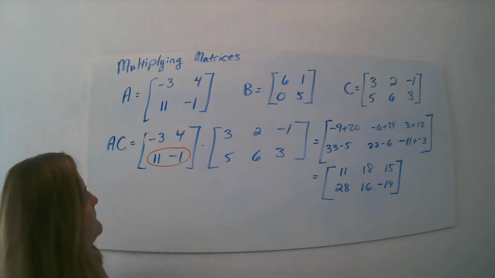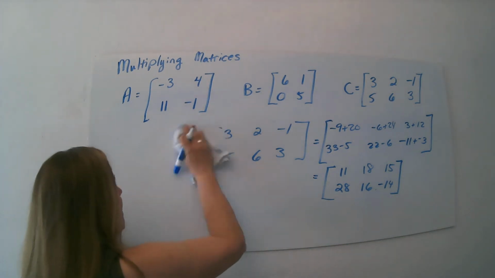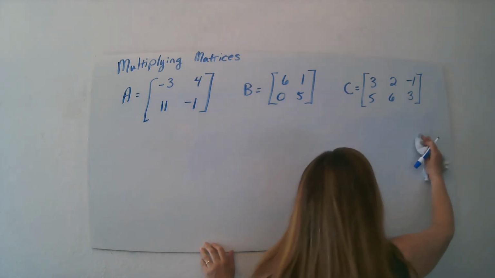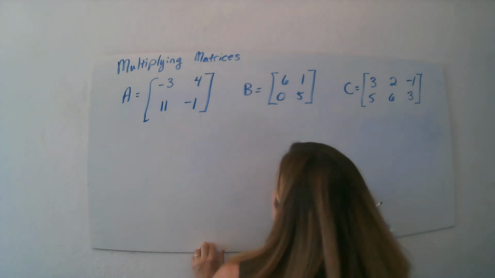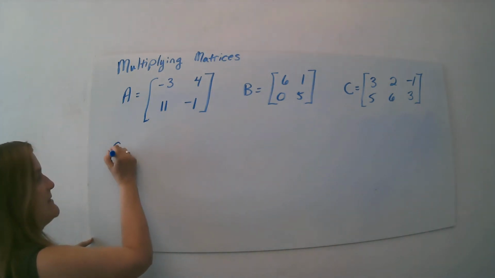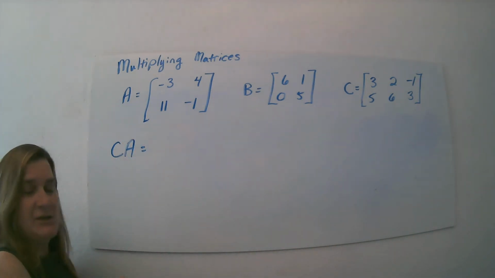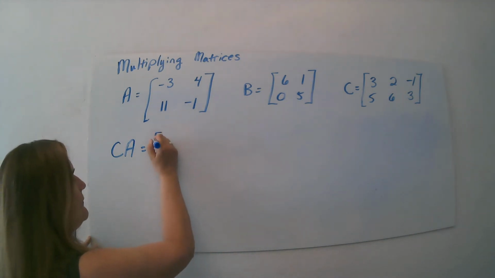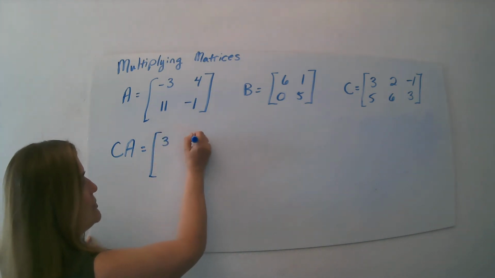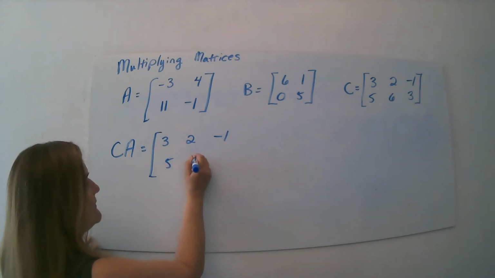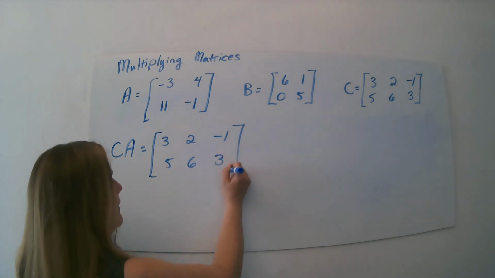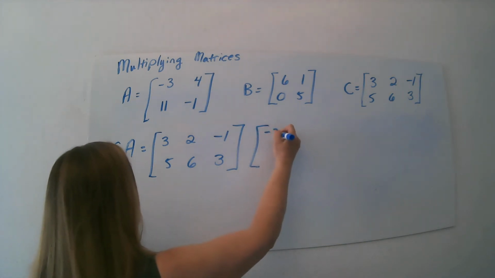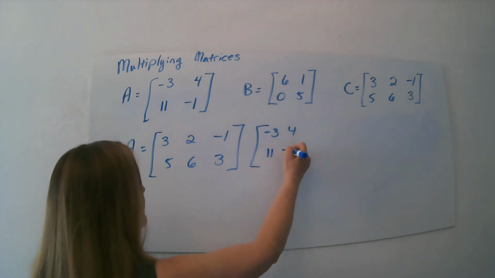So let's do that. So we're looking at C times A. We already have mentioned that it's not commutative. So let's write 3, 2, -1, 5, 6, 3. And we're going to multiply that by A, which is -3, 4, 11, -1.